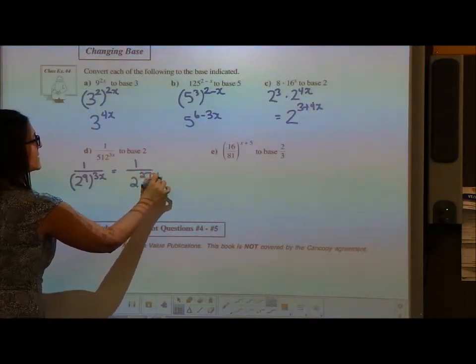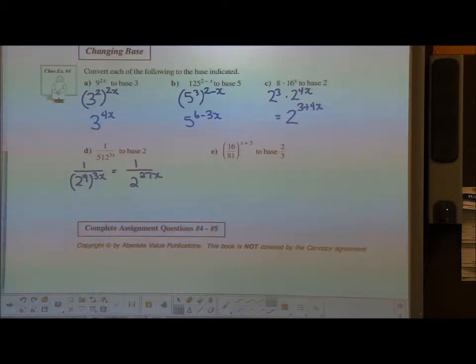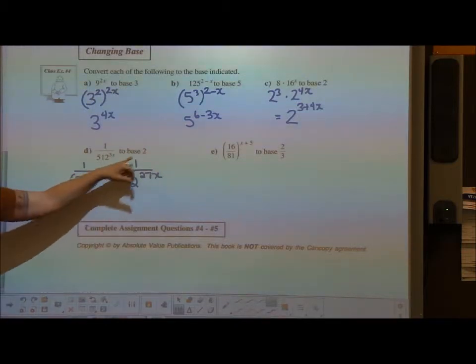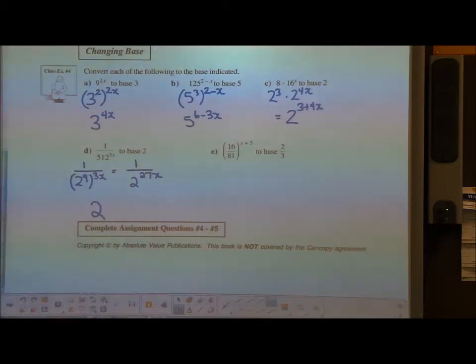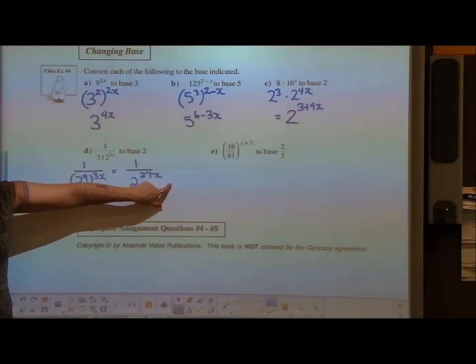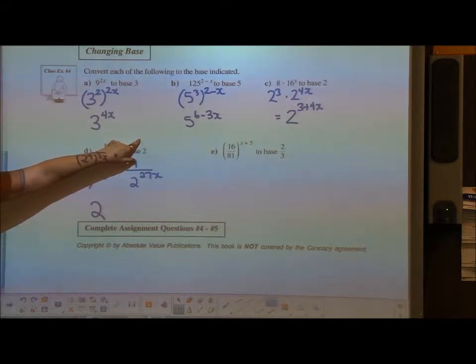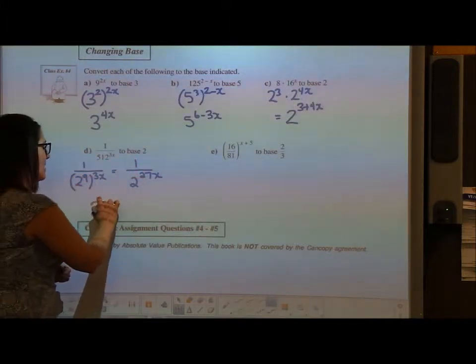Okay. Is this actually a base of 2? No, this is a base of 1/2. So I want to write it as 2 to the power of something. So what do I do to bring it up? Negative 27x. Good.